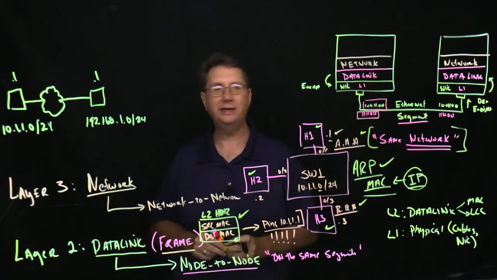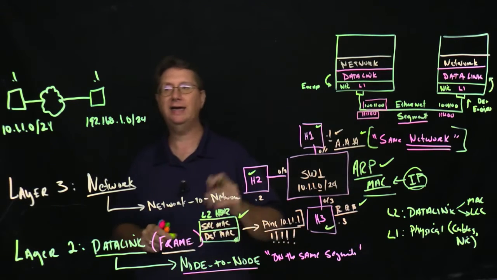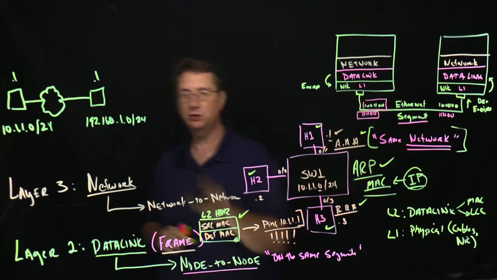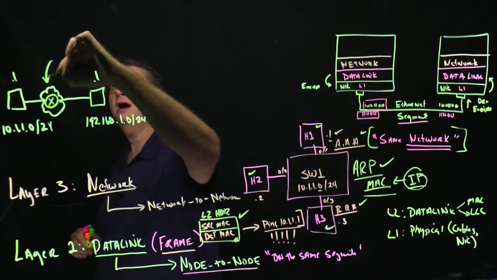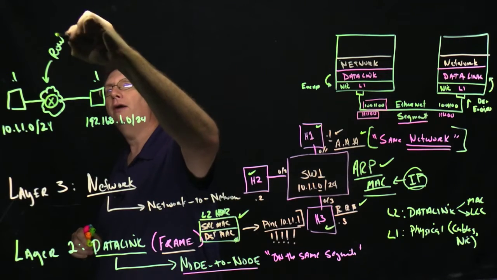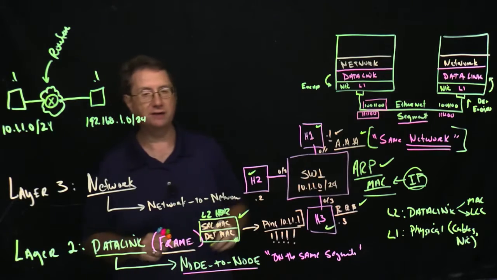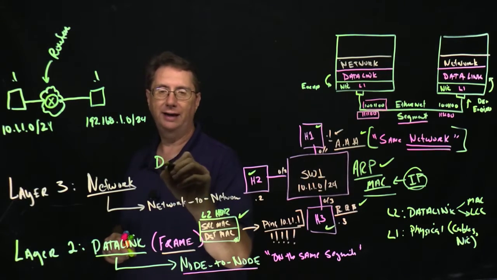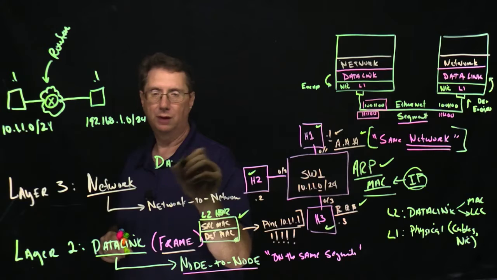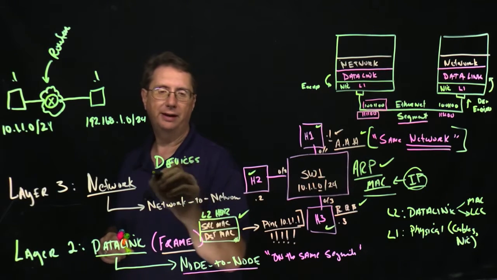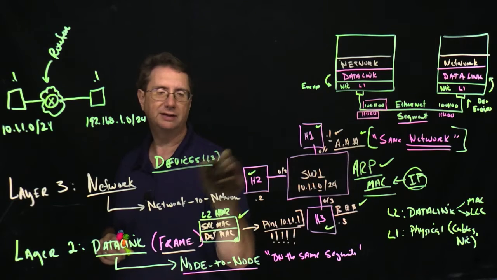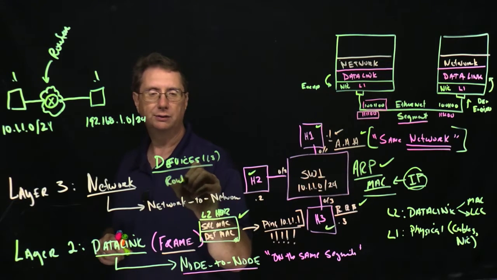So we need a mechanism whereby we can communicate between these two networks, and we do that in networking through the deployment of a construct called a router. Routers are devices that operate at layer 3.